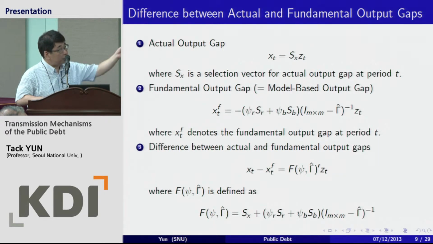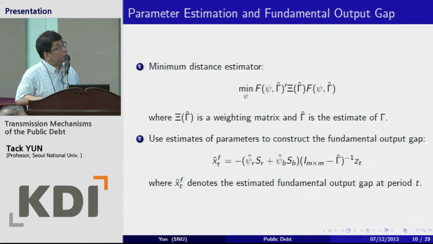We have the difference between actual and fundamental output gaps as you look at bullet point 3. Then I estimate the minimum distance estimate by minimizing the weighted difference between the model-based output gap and the actual output gap.